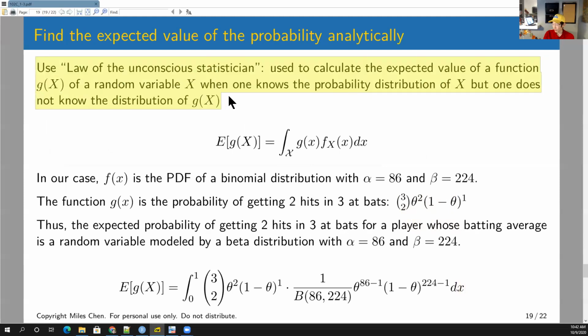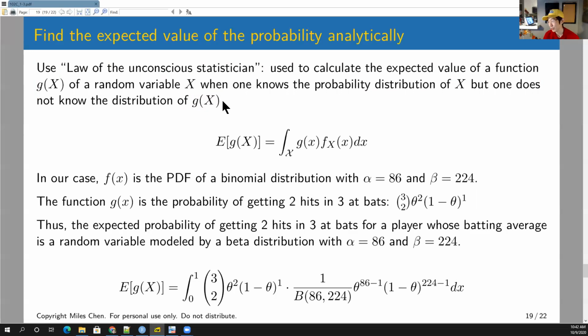There is a theorem known as the law of the unconscious statistician. It's used to calculate the expected value of a function g of x of a random variable x when you only know the probability distribution of x, but you don't know the actual distribution of g of x.